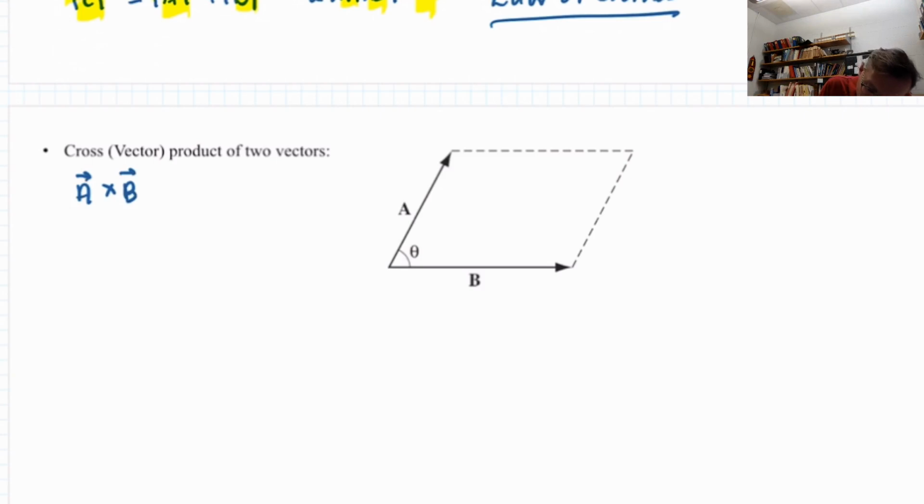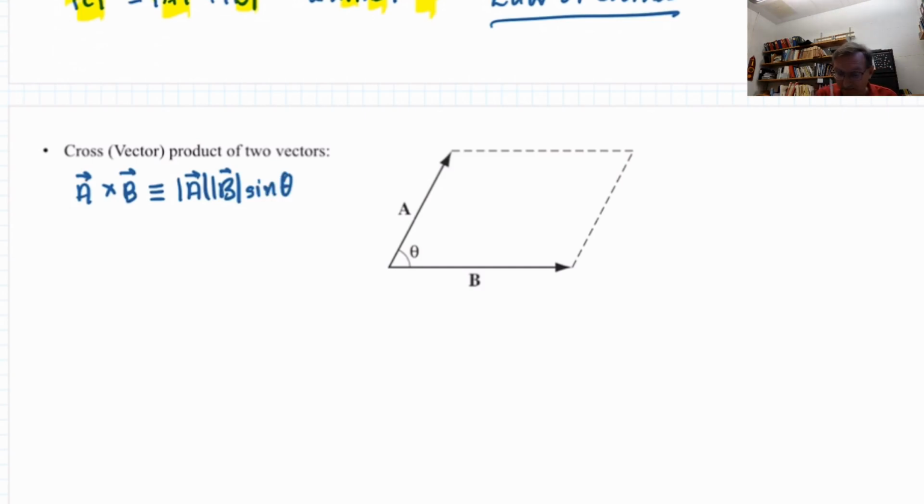Okay, so what's the definition of the vector product of two vectors, A cross B? Just going to state it. You take the magnitude of the first, A, scalar product with the magnitude of the second, B, times the sine, watch out, sine of the angle theta between them.